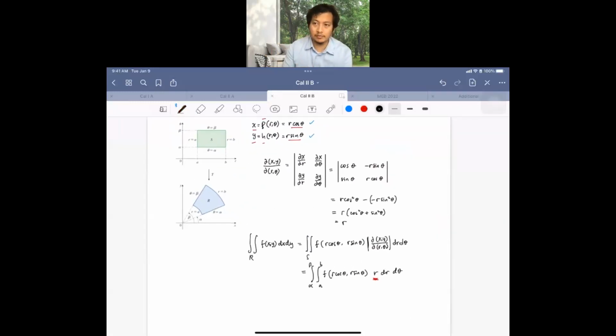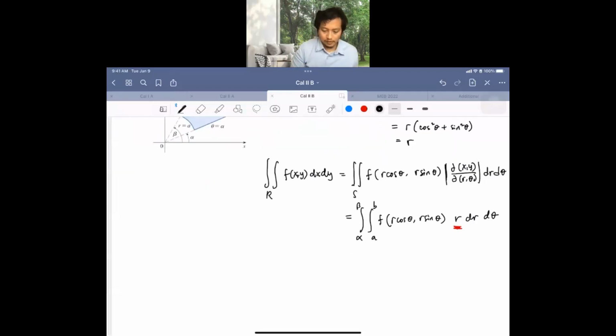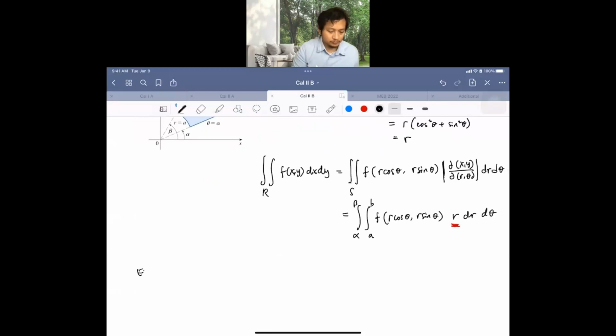Okay, giving you an example. Use change of variable.